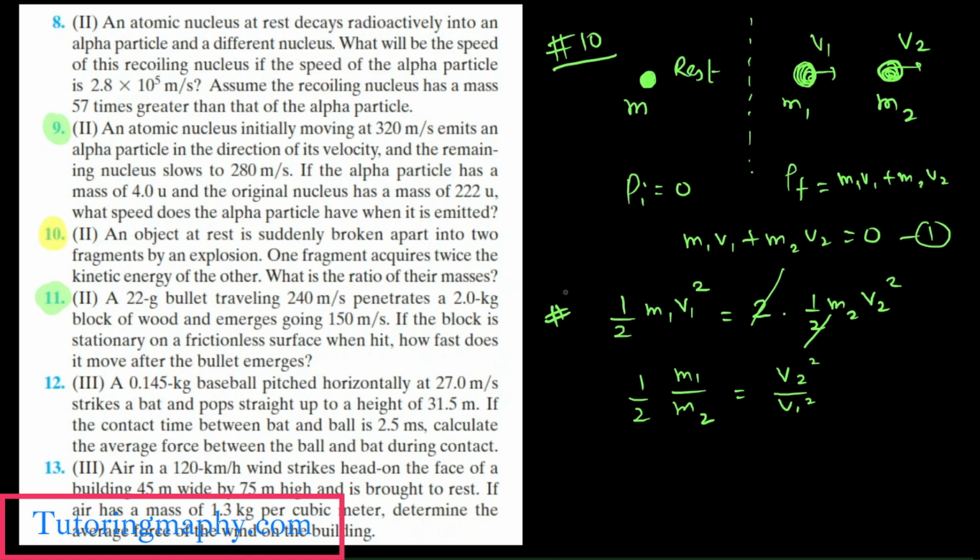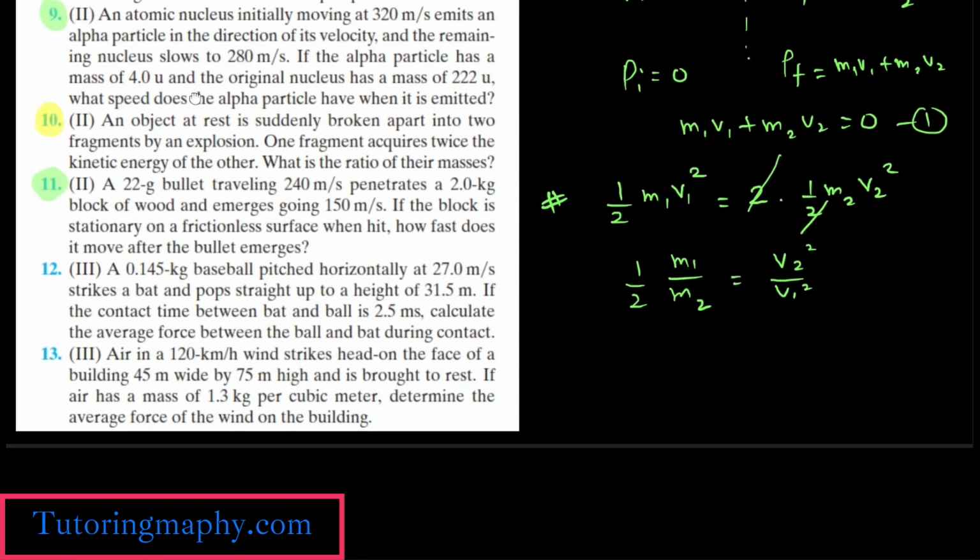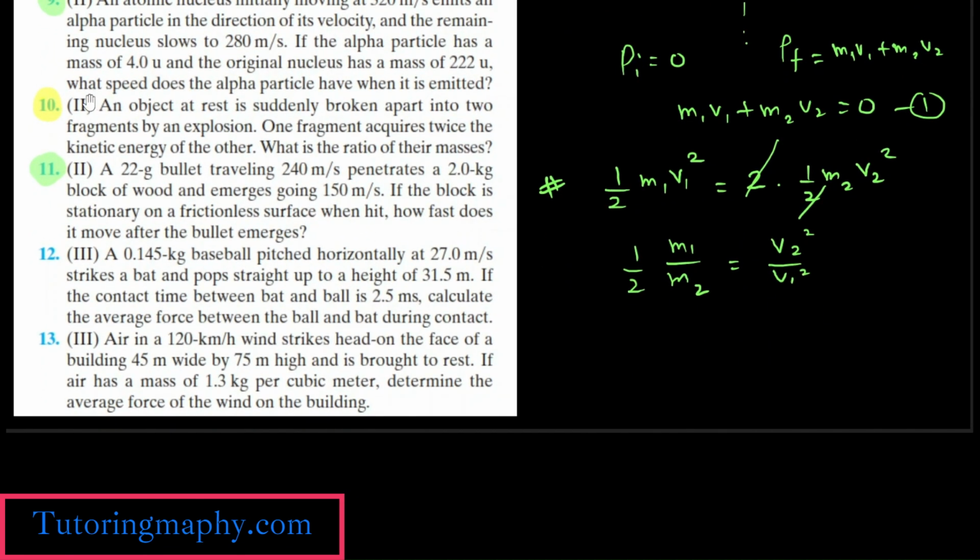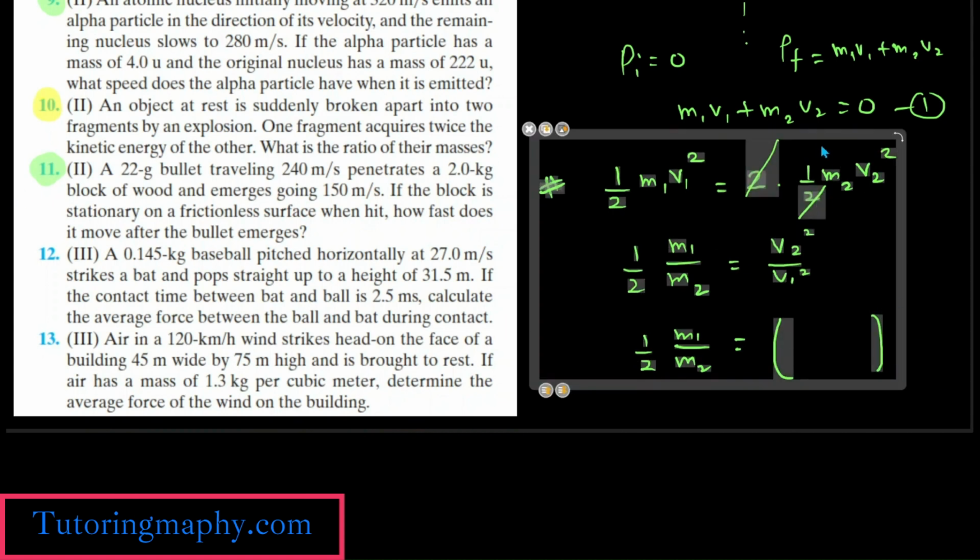All right. Now, from this equation, remember that we need to find the ratio of their masses, but we do not know their individual velocities. So we have to get rid of the velocity somehow. So can I use equation number 2, equation number 1?